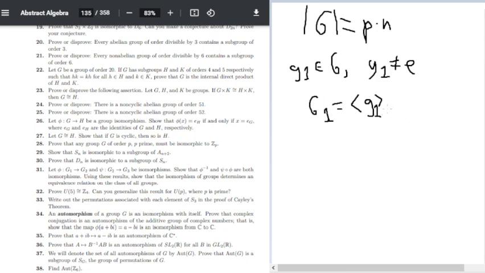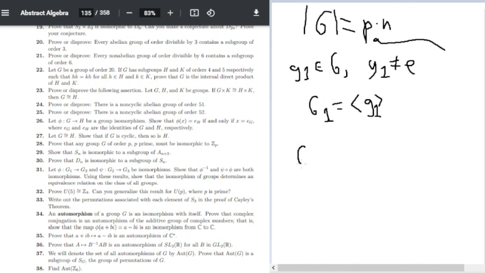Now, if the order of G1 is divisible by the prime P, then by the fundamental theorem of finite abelian groups, since P is a prime, we'll have G1 be congruent to Z mod P times something, which implies that there's going to be some element in the cyclic group generated by G1 of order P.